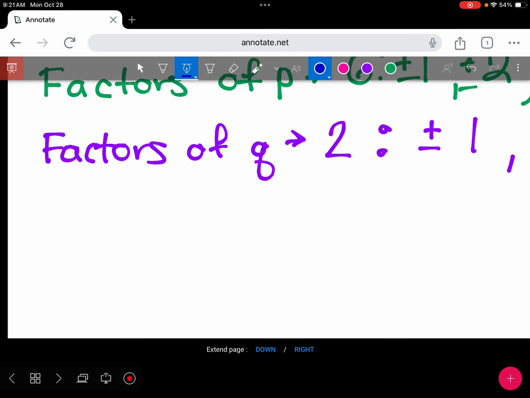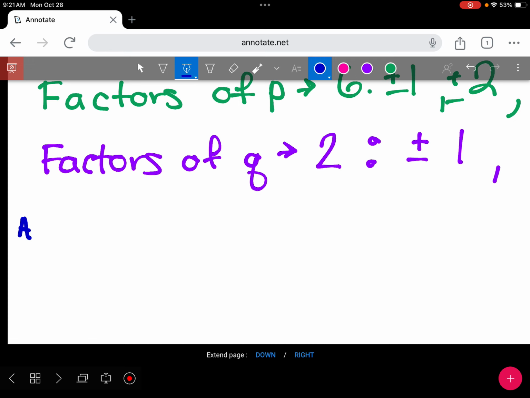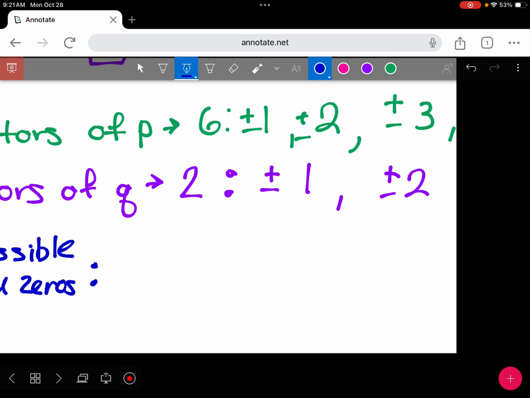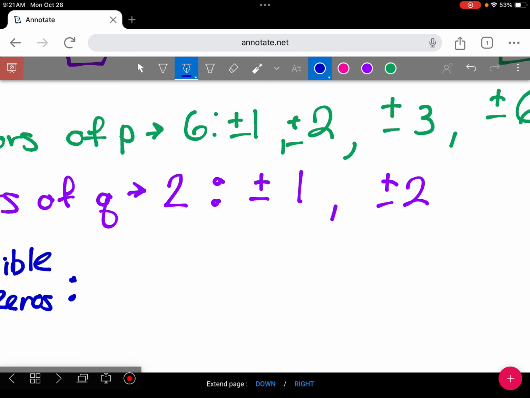So, all possible rational zeros. We're just going to match them up: factors of P over factors of Q. So it could be 1 over 1, so plus or minus 1 over 1, which simplifies down to 1.